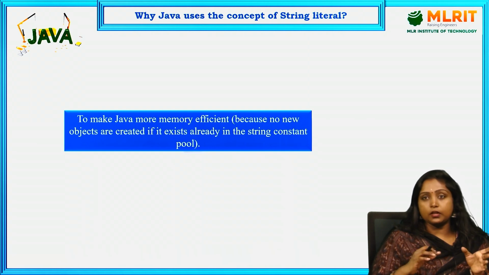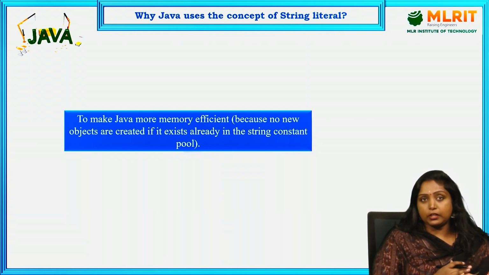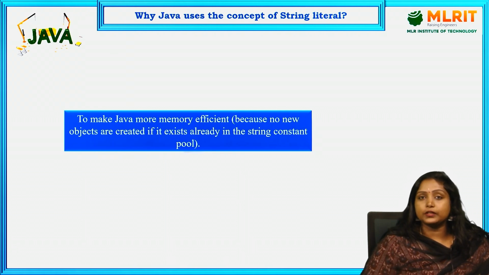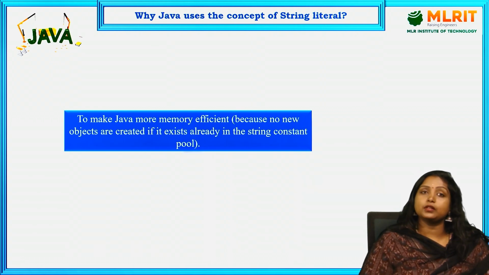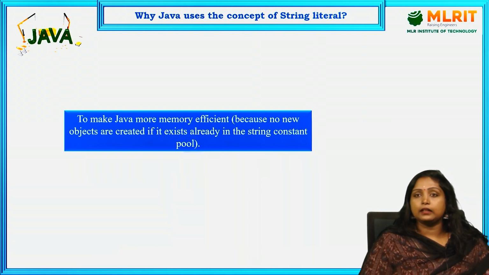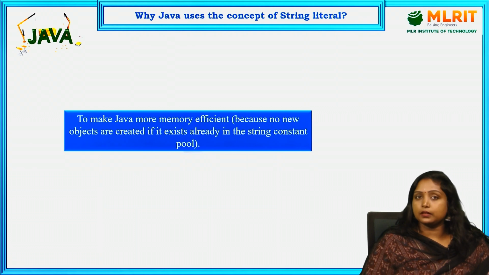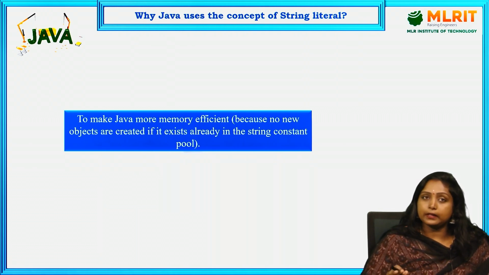So in order to be memory efficient, we use string literals and the string constant pool, which will not create a new instance for duplicate strings. It directly points to the particular string which is already there, without allocating new memory.